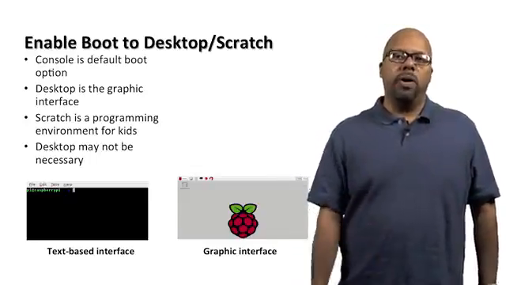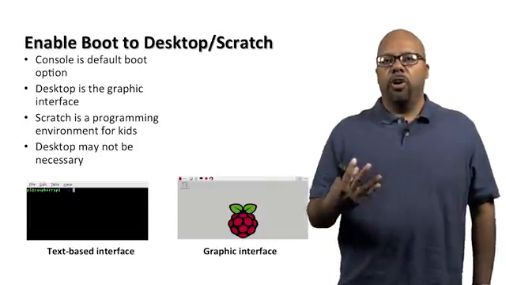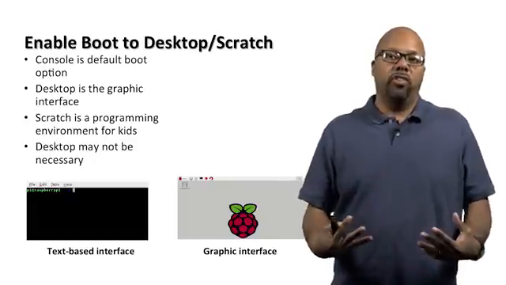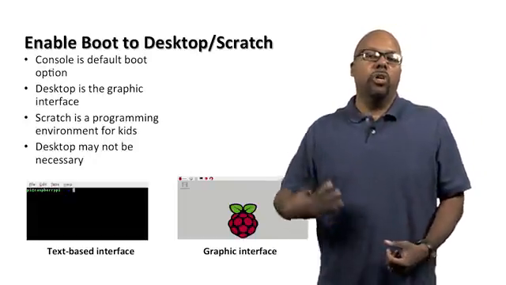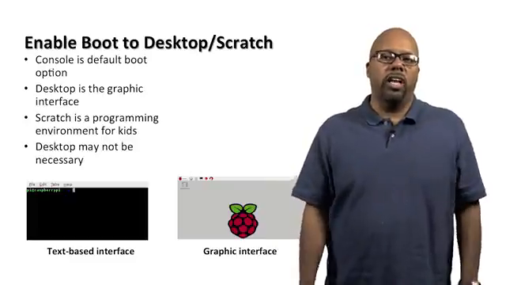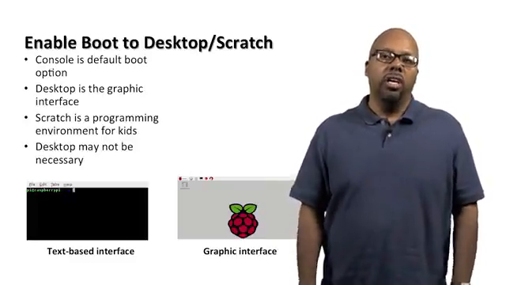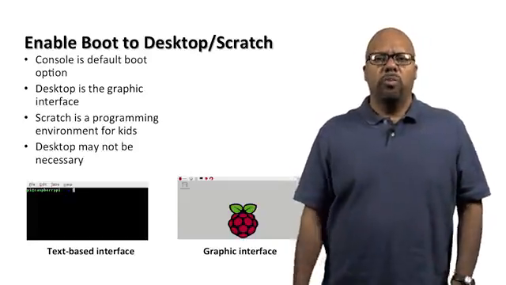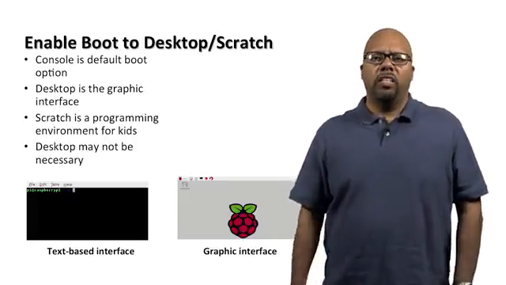If you're using it as part of an IoT device, then you probably don't want the user interacting directly with the Raspberry Pi, so you don't need the desktop option. Just a regular old console would be fine in that case. So there are cases where you don't need the desktop, but for us, we're pretty much going to use the desktop to make things easier.